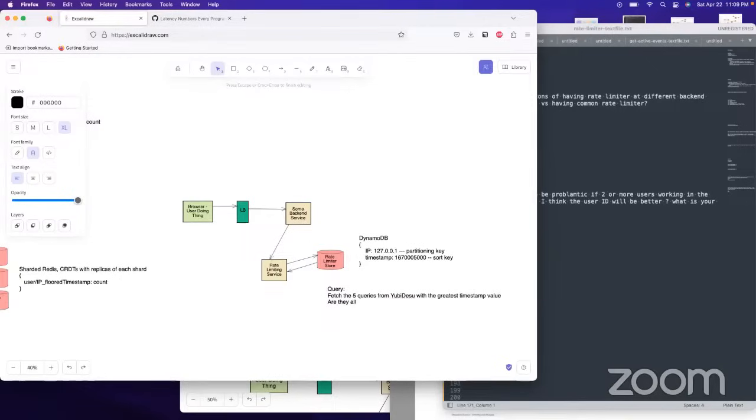Are they all from within the past 24 hours? And if so, then you would reject the request. You would just send back a false: block it, and then you'd say, no, we're not going to let you create the account.